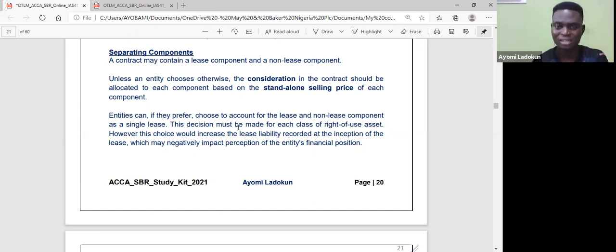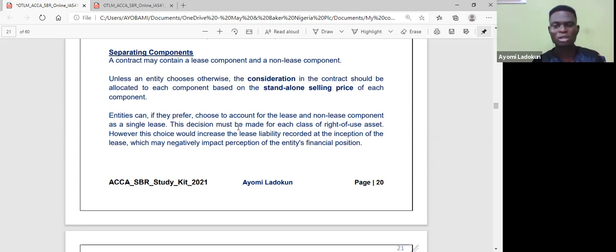Now, the standard says that if you want to separate the components in the contract, the consideration in the contract should be allocated to each component based on standalone selling price. The consideration, what's consideration? The amount I'm paying in the contract will now be allocated to each component, the lease component and the non-lease component, based on standalone selling price.